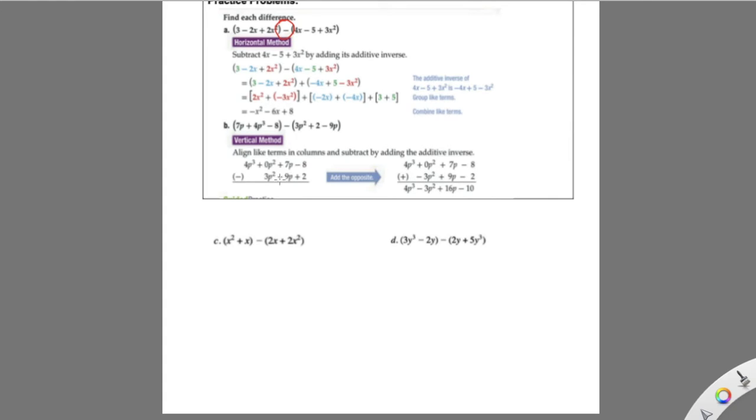Negative 9p changed to positive. Positive 2 changed to -2. So it makes it much easier to just add straight down than to try to apply that negative each time. Most of the time, if you don't switch it, students tend to forget at one point to apply that negative sign. All right, let's go ahead and practice this so we can be all done.